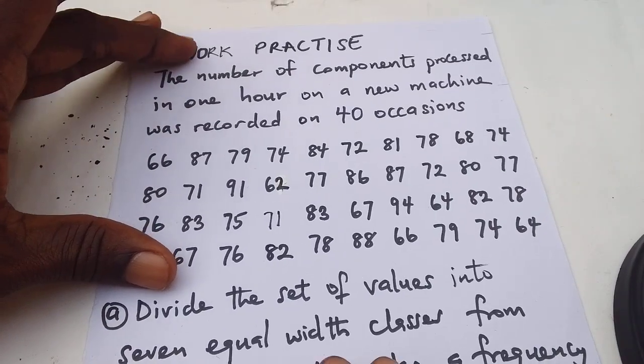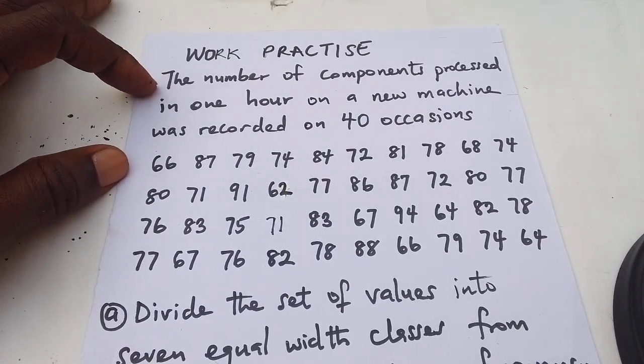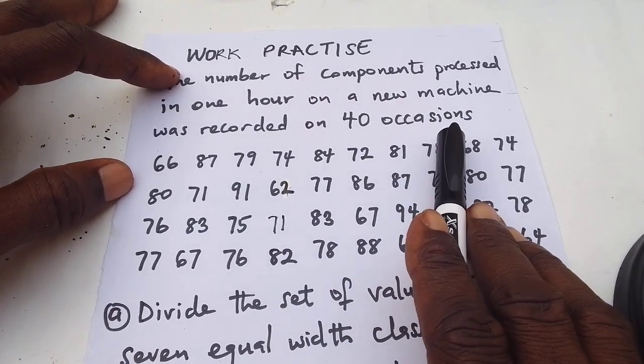So for the work practice, you are going to do this. The number of components in 1 hour on a new machine was recorded on 40 occasions.